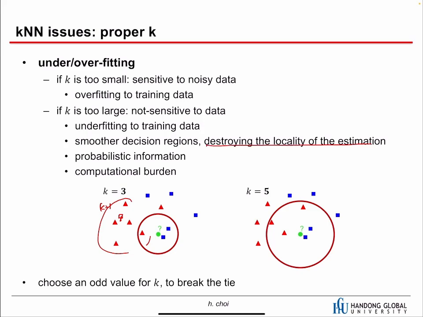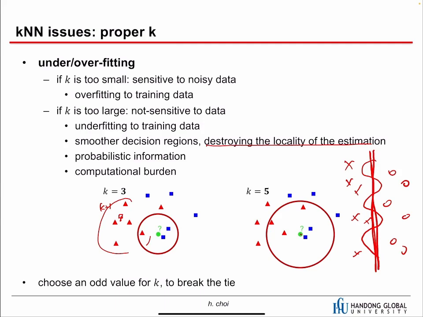So if the actual classification boundary is like this, where this one is x and this one is circles, and we increase k a lot, then the boundary will be something like this. It's smoother than before, and sometimes this is not what we want. But it depends on the application and on the data distribution.